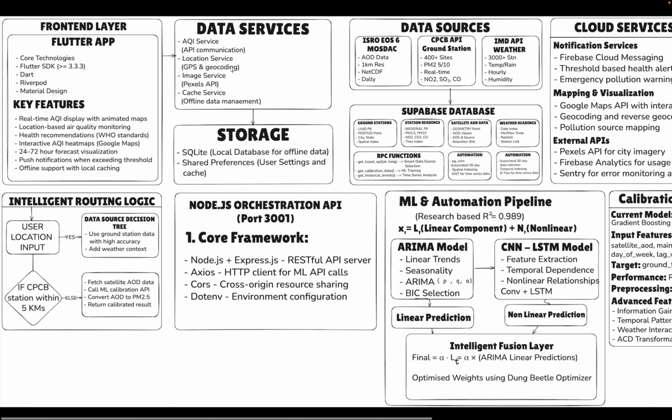And then we are also using Google Cloud SDK's map platform for having our heat map functionality. Now, for the offline and storing the cache, we are using SQLite so that this entire app stores everything locally once the data is being transferred from the server to the Flutter app.